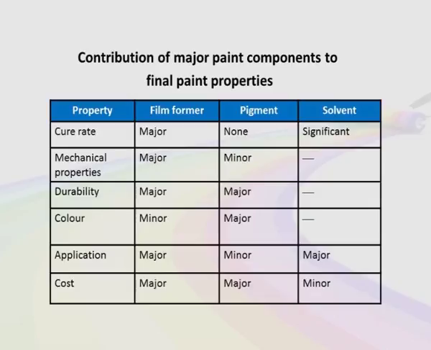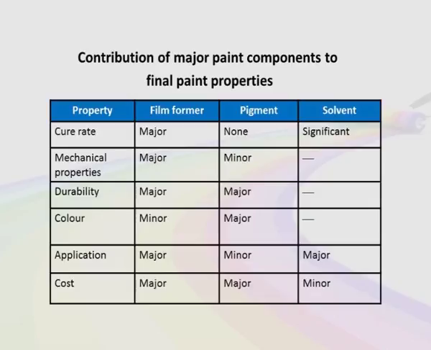Pigment plays a minor role, and solvent also plays a major role as vehicle plays. As far as cure rate is concerned, again the vehicle plays the major role, pigment has no role and solvent also plays a significant role.